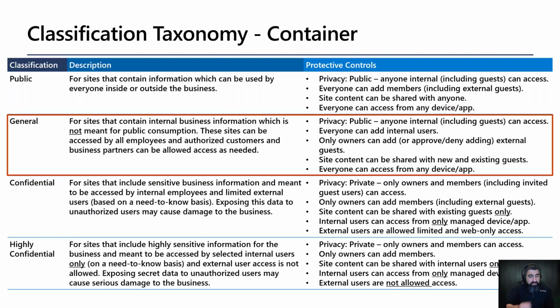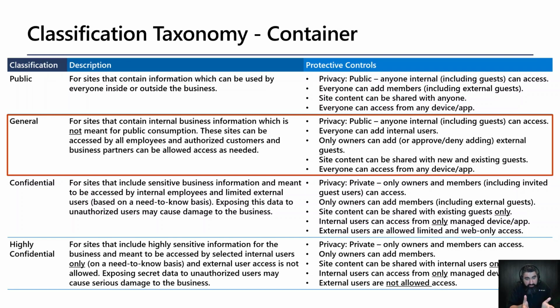The second container category is the general. Again, that contains the information for internal business that is not meant for public consumption. That again follows the same taxonomy as the content itself. We have decided to give the permission to add external guests to only the owners.